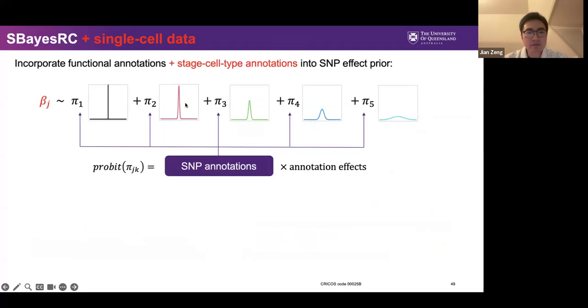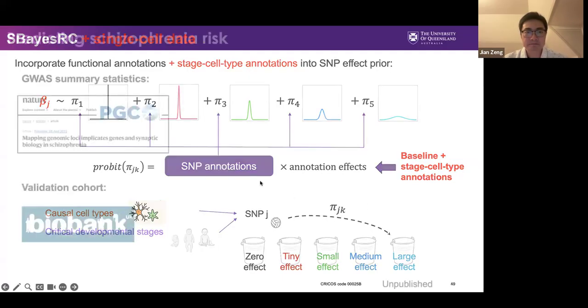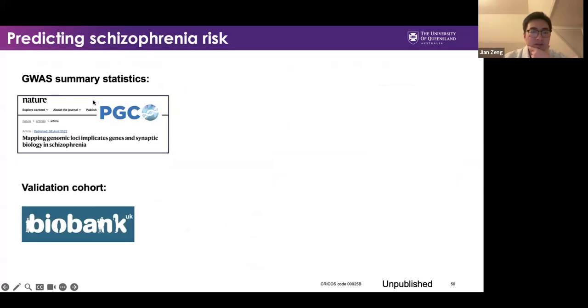We used this SBSRC framework, but now we incorporate baseline annotation plus the single cell and developmental stage annotations. So the gist is that if the SNP is within the open chromatin region for the causal cell type, and also in the critical developmental stage, this SNP should have a large effect.